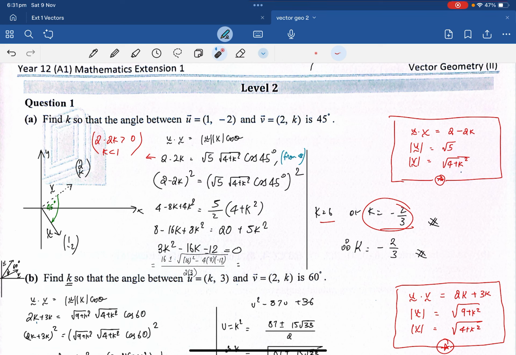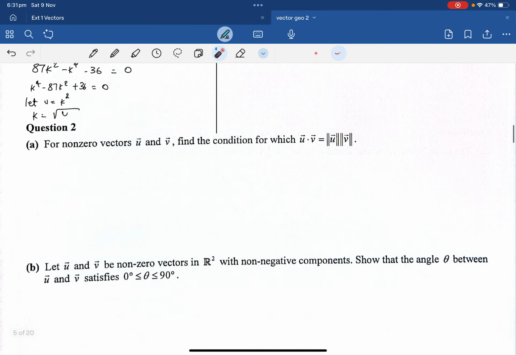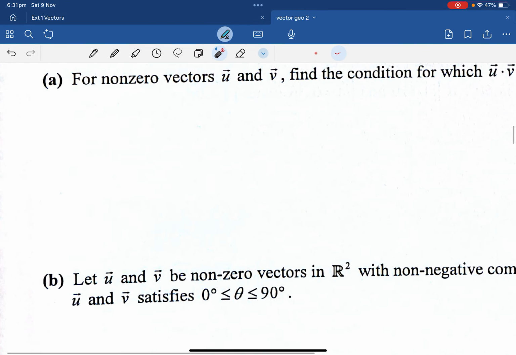Let me tell you why. It's because vector u is equal to lambda of vector v.